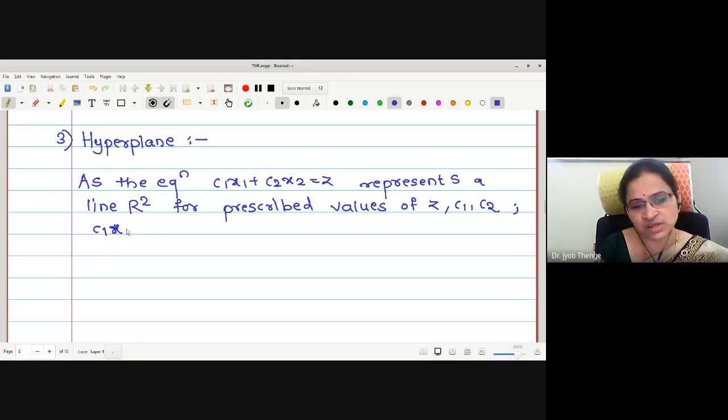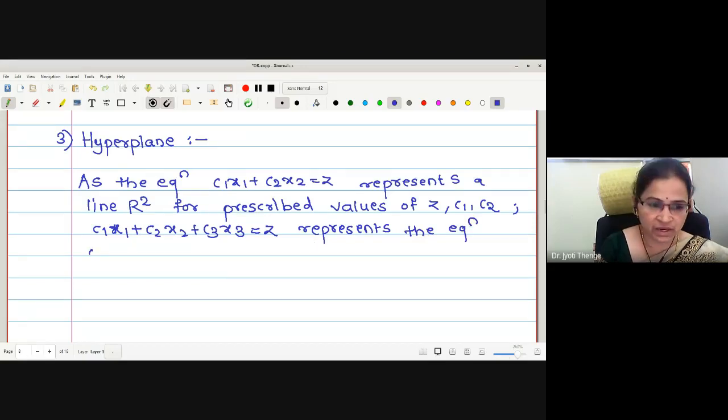For one more generalization, c1x1 plus c2x2 plus c3x3 is equal to z represents the equation of a plane in R3 in similar fashion.